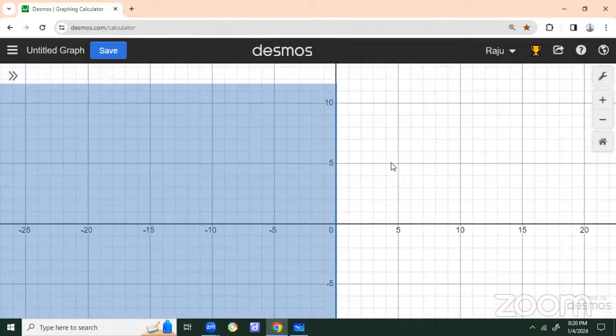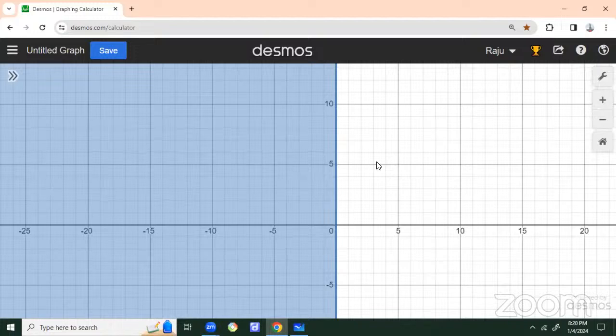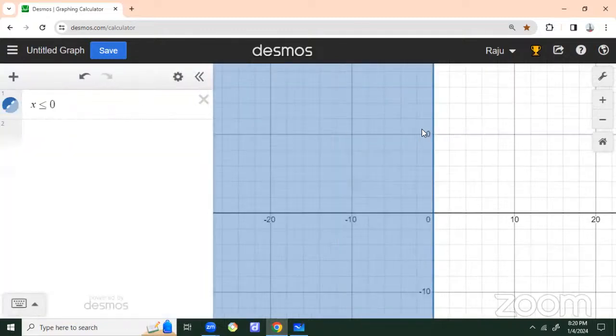So in the second quadrant and in the third quadrant, the values of x will be less than 0. And on the boundary line, which is the y-axis here, where all values of x are 0, we'll have x equals 0. Otherwise, if you move to the left side from this line, the boundary line, which is x equals to 0, the values of x will be less or equals to 0.